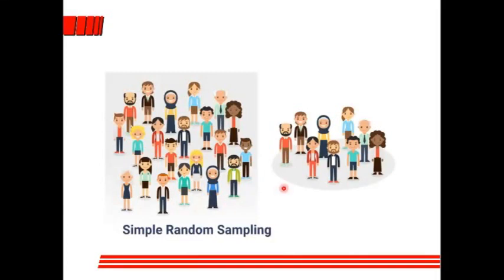Ito yung randomly selected based sa population natin. Ito yung sample natin. Let's say, ang overall nito is 20. Dun sa sample natin na 20, we can get 8. Sa population na 20, kuha lang tayo ng 8 na sample.